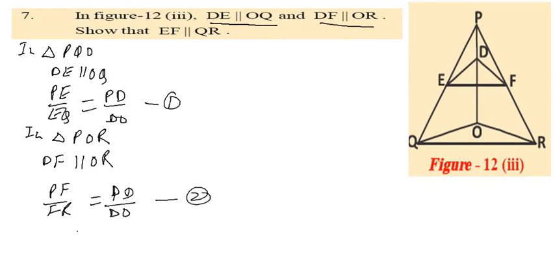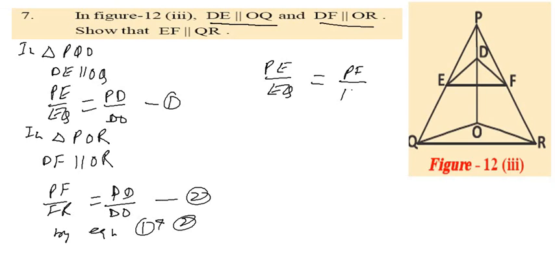So that is equation second. By equation first and second, the right hand sides are equal, so we can write that the left hand side is also equal. So PE upon EQ will be equal to PF upon FR. Hence EF is parallel to QR. Hence proved.